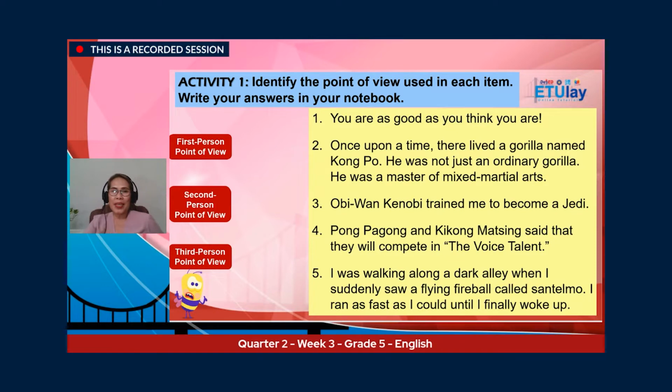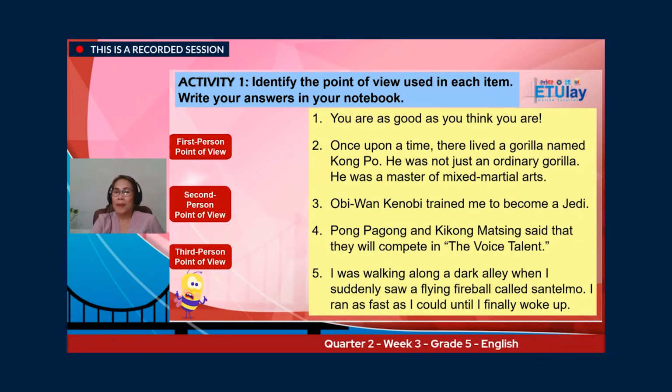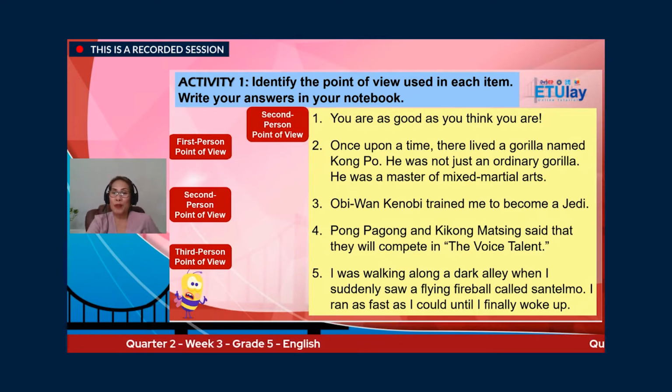So what do you think are the point of view in each item? Come on, I'll give you just seconds to identify them. Exactly right. So we have the first one, it's second person point of view.